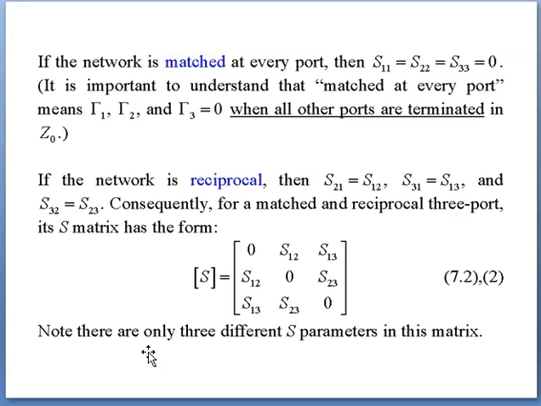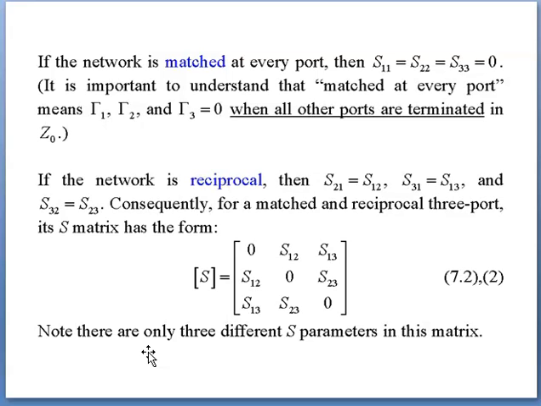Match is when your S11, S22 and S33 are equal to 0. It is important to understand that match at every port means that your reflection coefficients at ports 1, 2 and 3 will be equal to 0 when all other ports are terminated in Z0. Because it is a three-port network, you have up until S33 only.